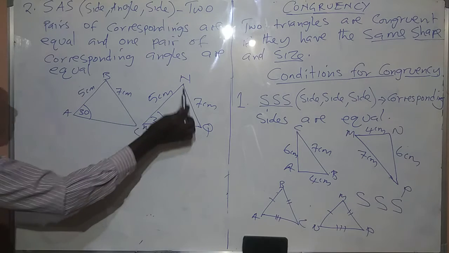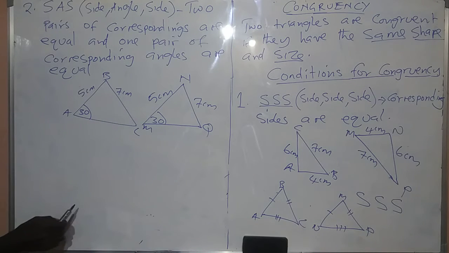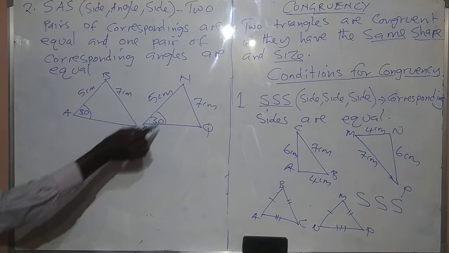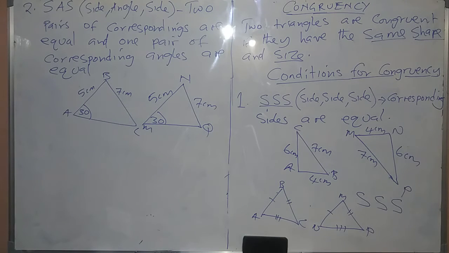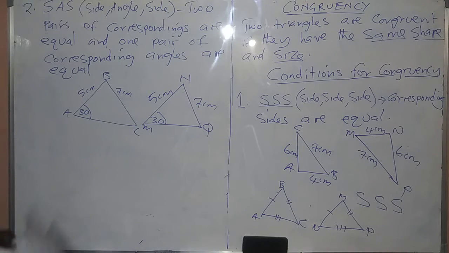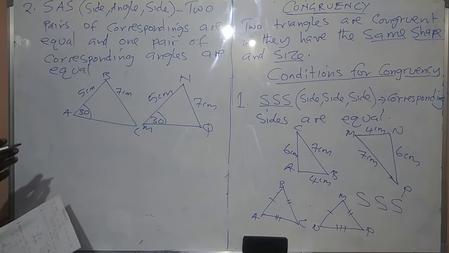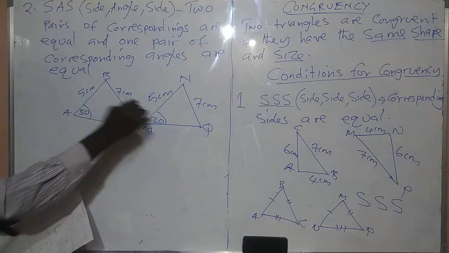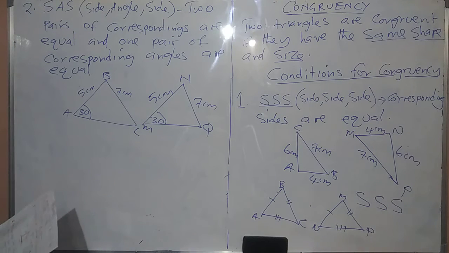And then this other pair, BC and NQ, they're also equal. Then the angles are also equal. So therefore, these two are said to be congruent. They are of the same size here because the dimensions are the same. Okay, so that is another condition for congruence. When you see two sides are equal and one angle inside is equal, then you have congruence.